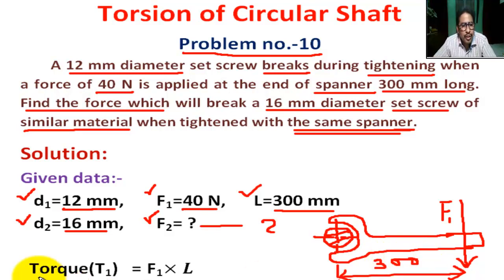So torque T1 equal to F1 into L, that is L.